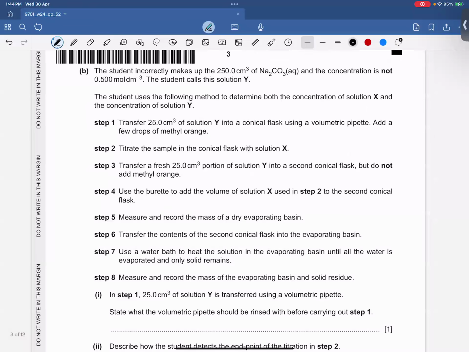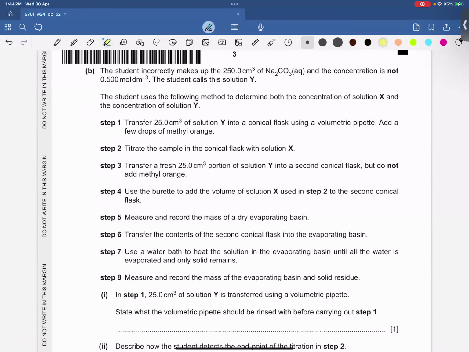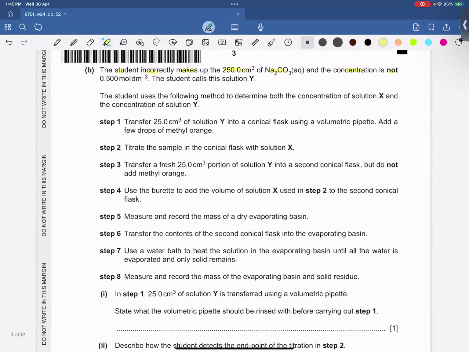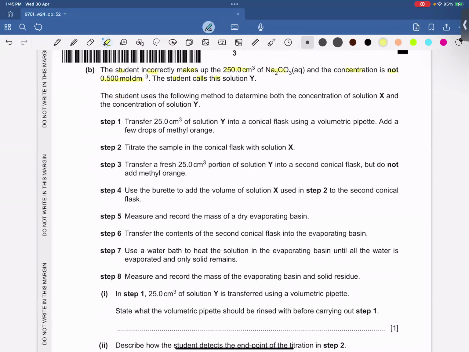Next part. The student incorrectly makes up 250 cm³ of sodium carbonate and the concentration is not 0.5 mol per dm³. The student called this solution Y. So Y is basically a solution in which the concentration is not 0.5 mol per dm³.